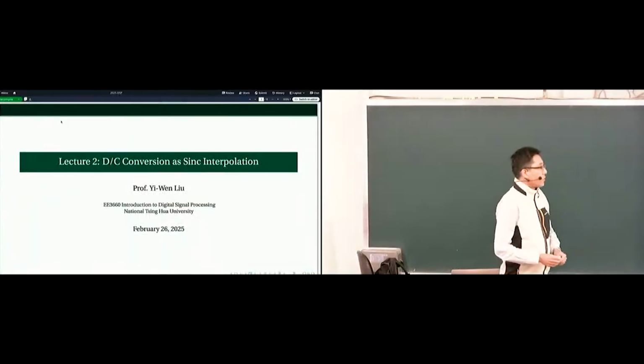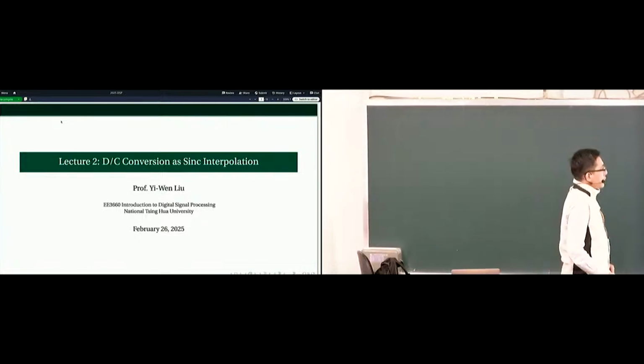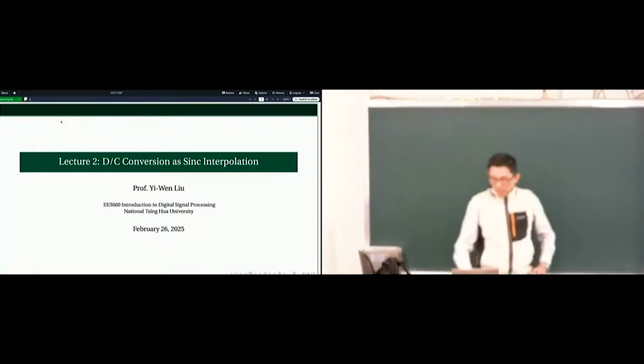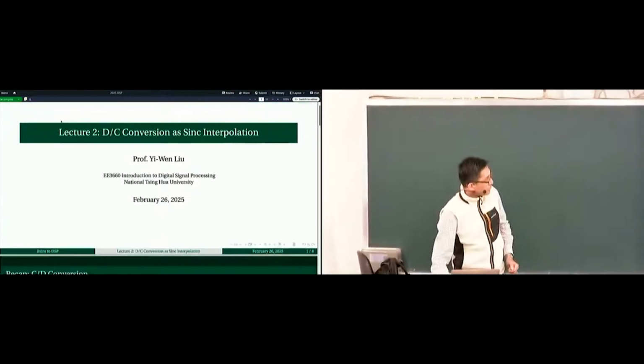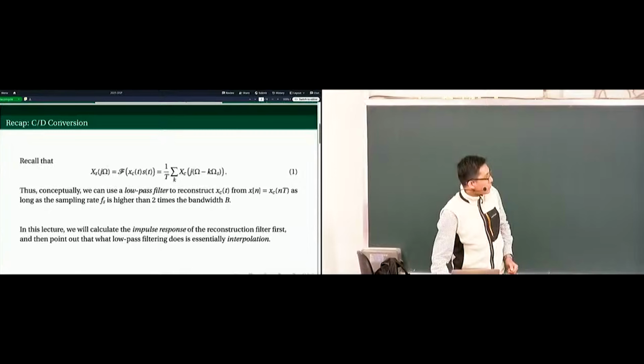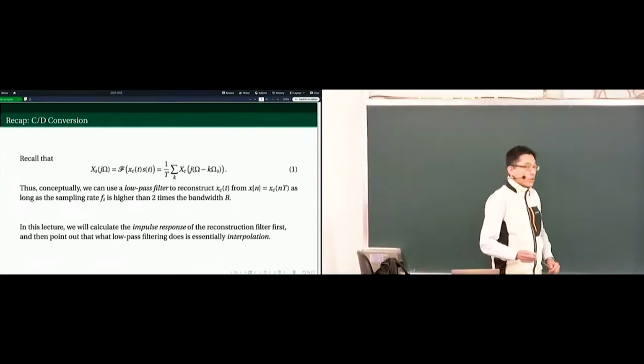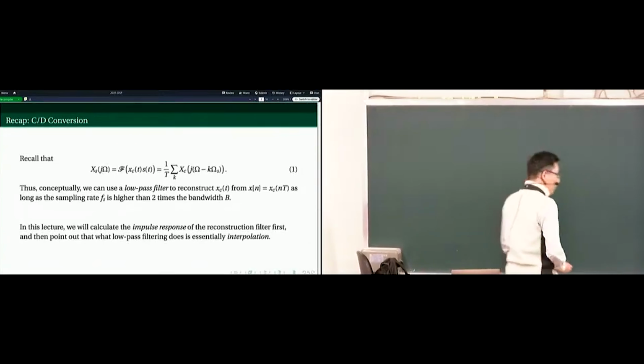Okay, so let's start lecture number 2, D to C conversion. And we treat it as a kind of interpolation, Sinc interpolation. So here is a bit of recap. Let's restart this slowly.